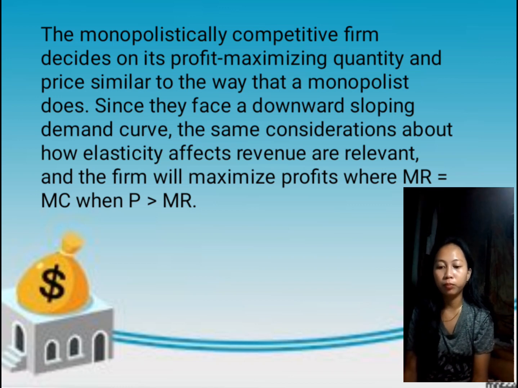The market demand: if the price elasticity of demand is elastic, meaning consumers are responsive to price change, the firm might lower its price to increase sales. If demand is inelastic, consumers are less responsive to price changes, and the firm might increase its price to maximize profit.